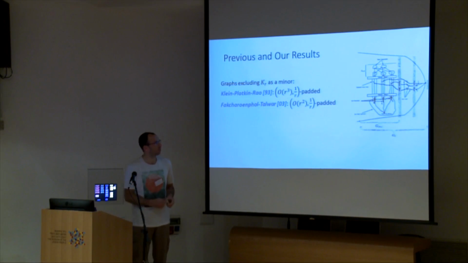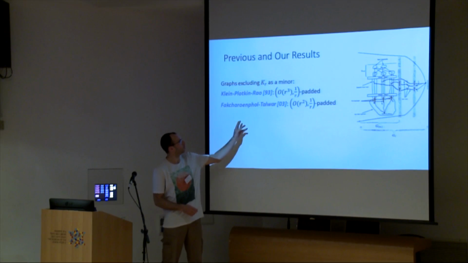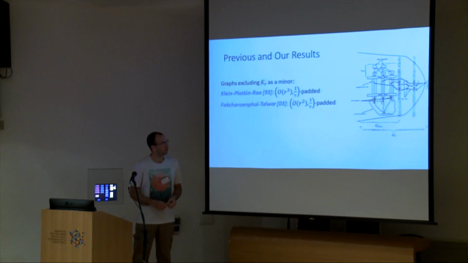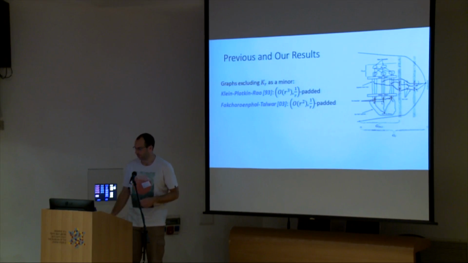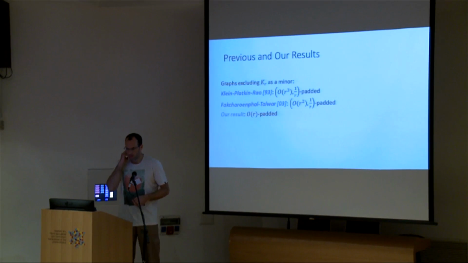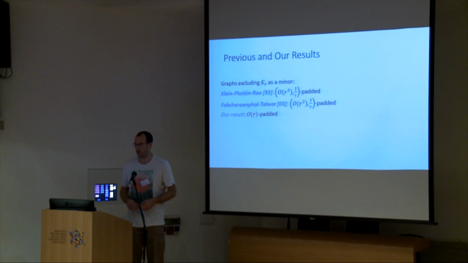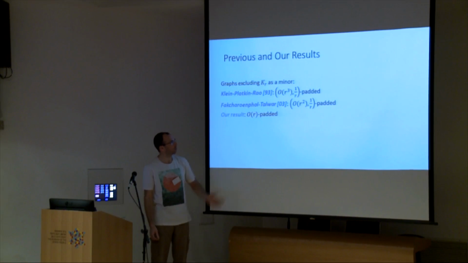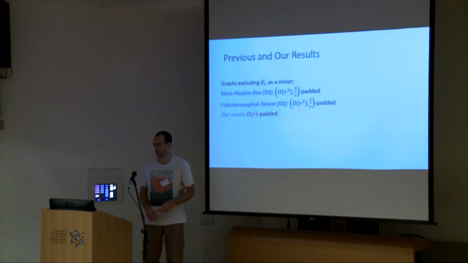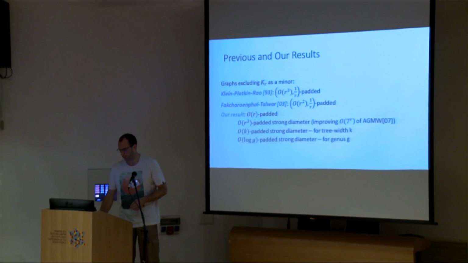The analysis and slightly the algorithm also was improved by Fakcharoenphol and Talwar to R squared. So in this work, we further improve it to order R. And our partition works for a constant epsilon. So this is slightly better.